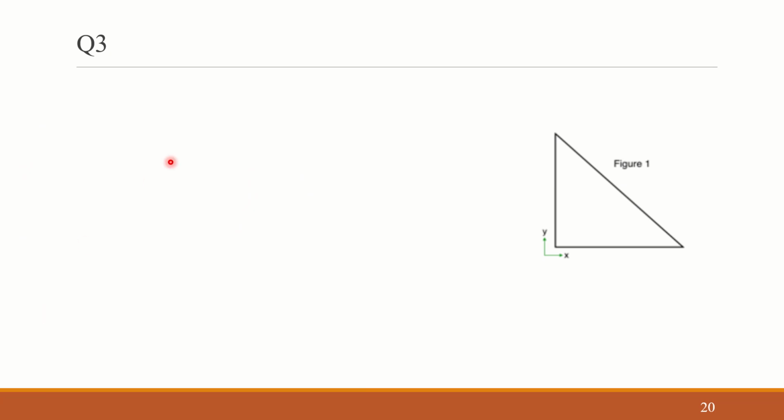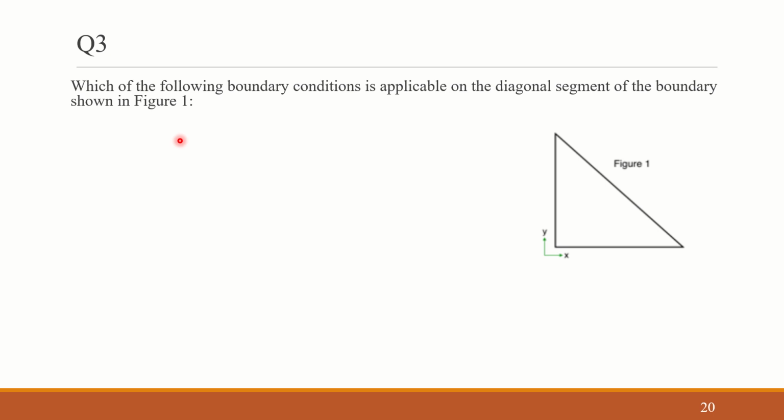Question 3 is about which of the following boundary conditions is applicable on the diagonal segment of the boundary shown in figure 1. Option A, P equal to constant. Option B, nx ∂w/∂x plus ny ∂w/∂y equal to 0.